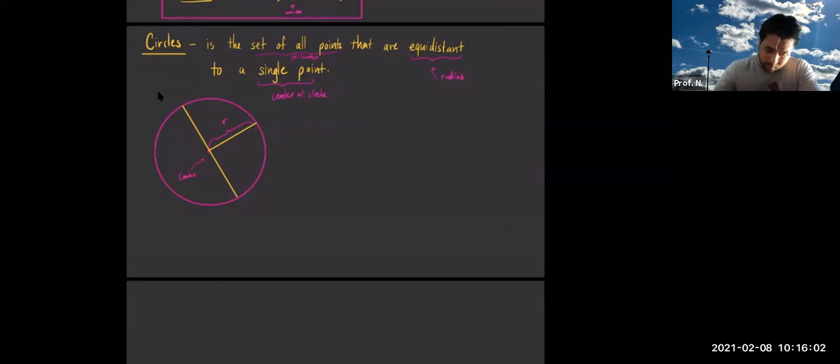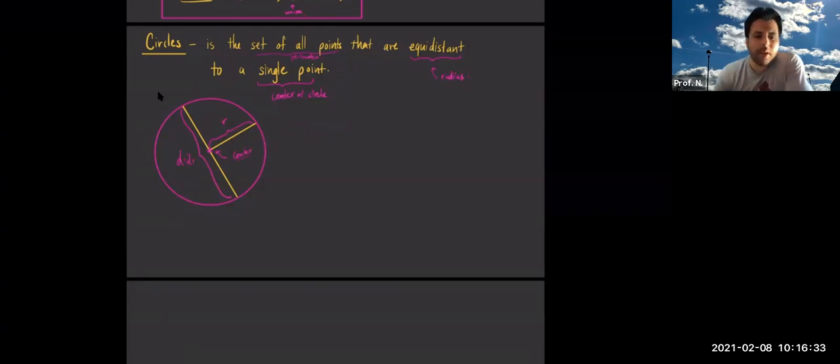So let me move this around a bit. This is my diameter. I'm going to call it D, and this is twice the radius. And this is my center right here. Center. Okay. Does that make sense?